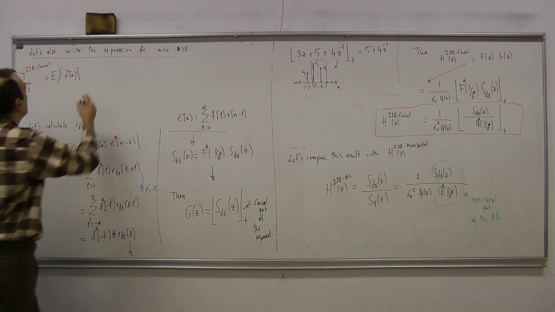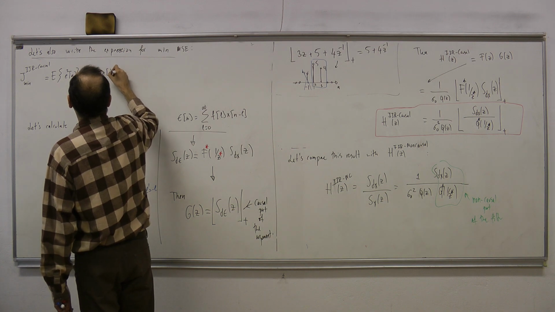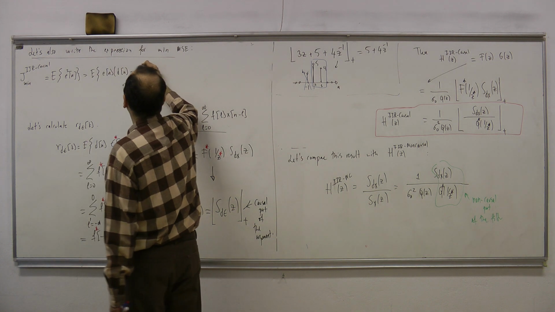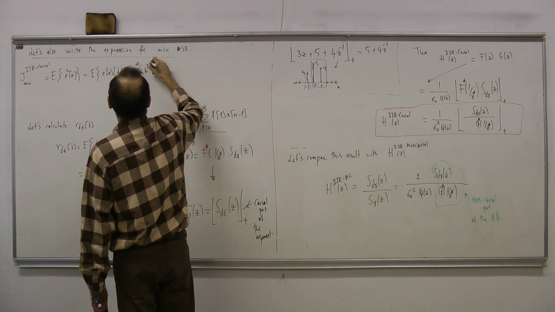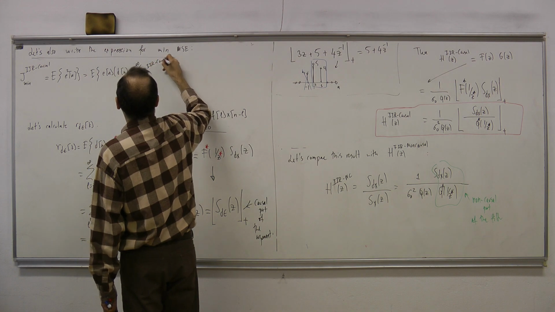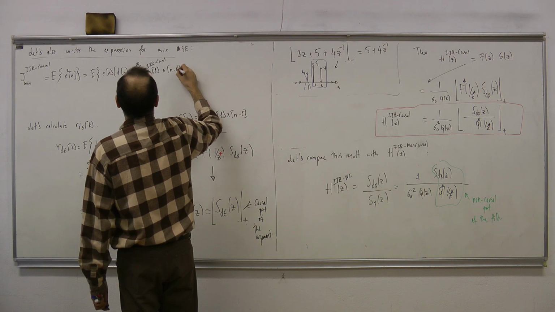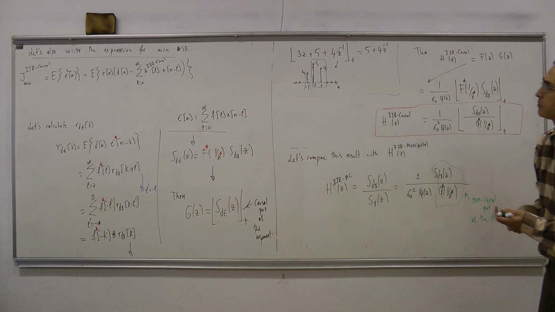Okay. So how can I write this one? This is expected value of e of n times d of n minus h IIR causal of L x of n minus L. Okay, this calculation.